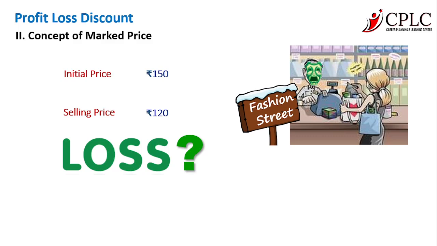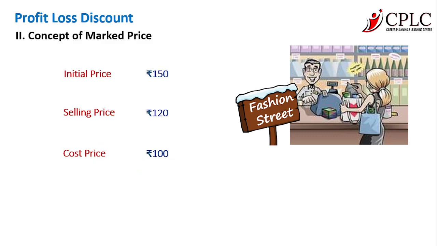So that means in reality, his actual investment or the cost price for the same article would have been much lower than 120 rupees. So just for calculation purposes, let's assume that he got that item for only 100 rupees.